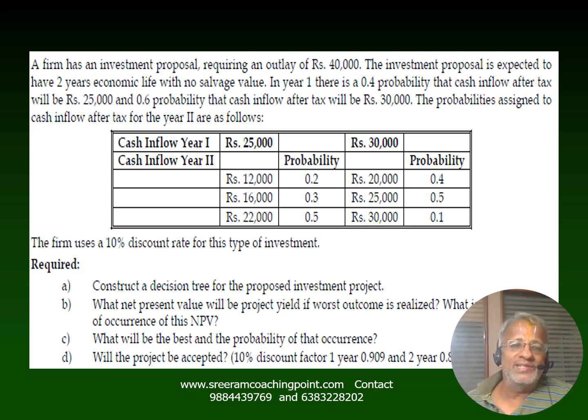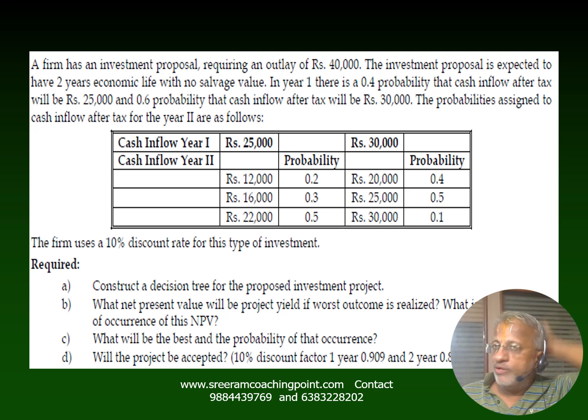So always understand this sequence, like 25,000 in the first year followed by 12,000 or 16,000 or 22,000. So 25,000 and 12,000 is combination number 1. Combination number 2 will be 25,000 in year number 1 and 16,000 in year number 2. From combination 1 to combination 2, there is a difference of only 4,000.